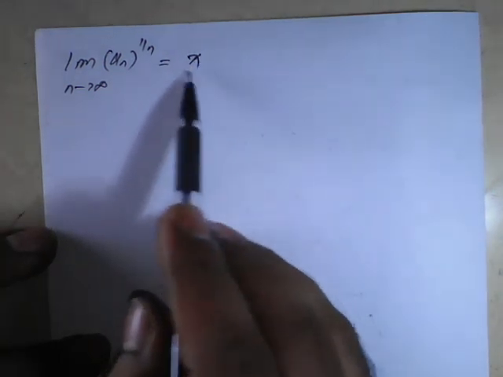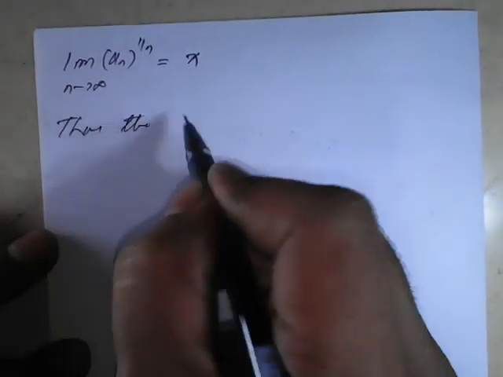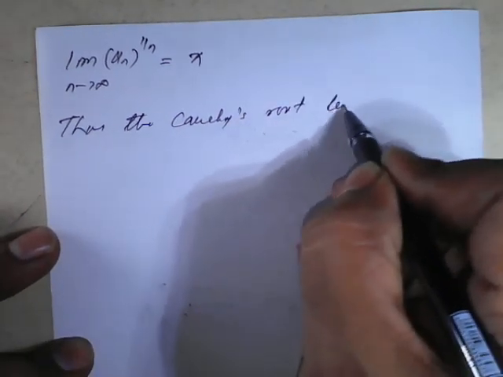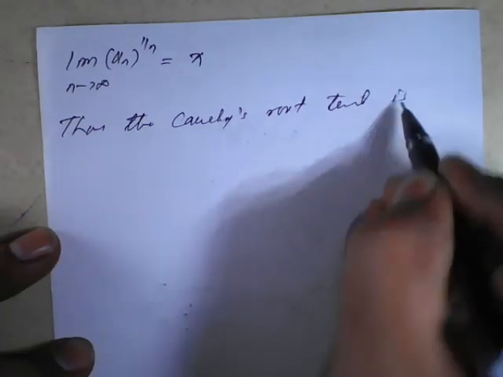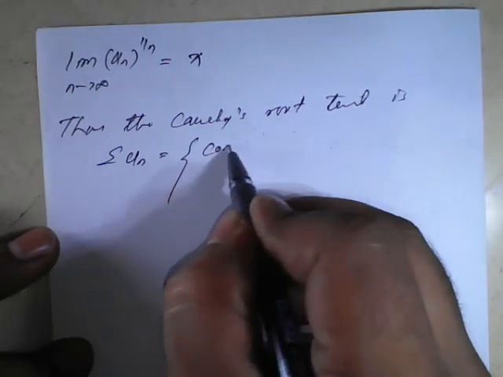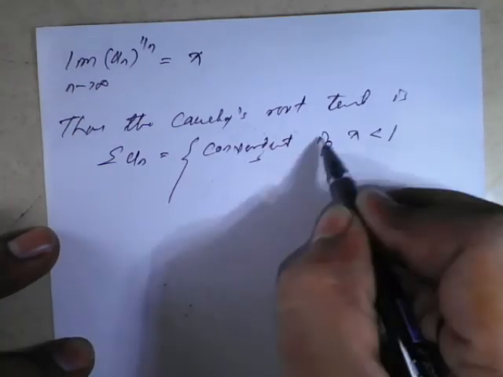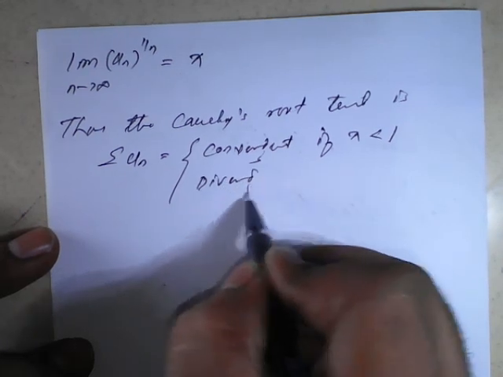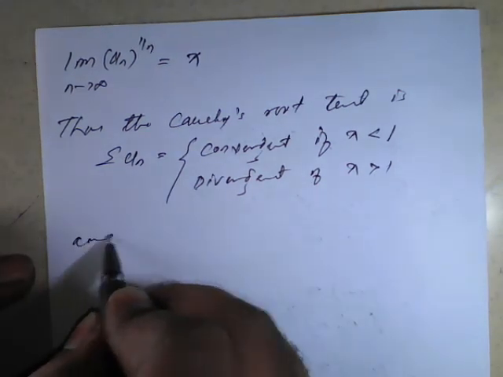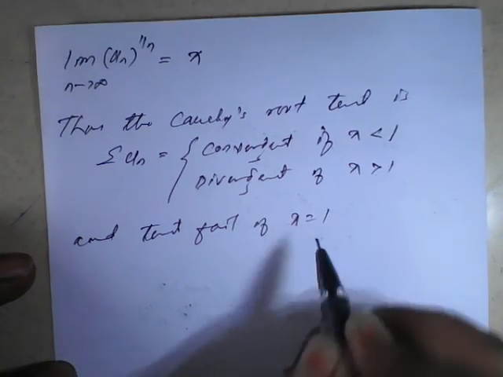Or we can say that we got a general result. Thus Cauchy's root test is that summation of un is convergent if this x is less than 1, divergent if x is greater than 1, and the test fails if x is equal to 1.